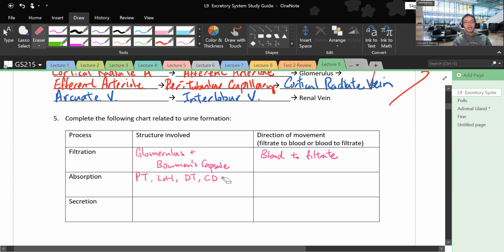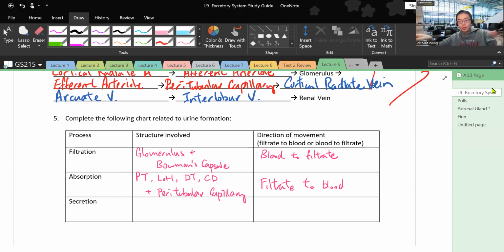Okay, so all these things inside these structures are the filtrate, and you will be absorbing them back to the peritubular capillary. Okay, so from the filtrate back to the blood.